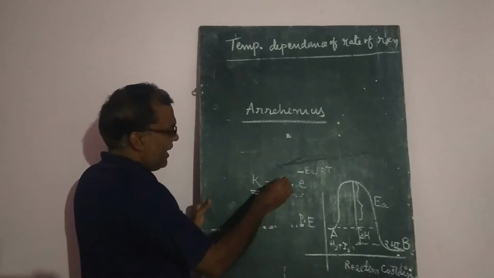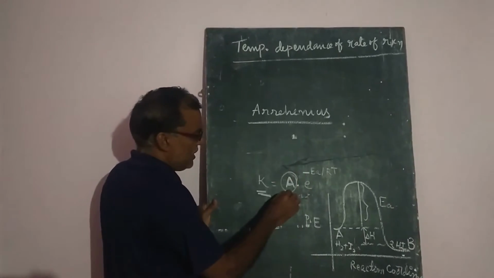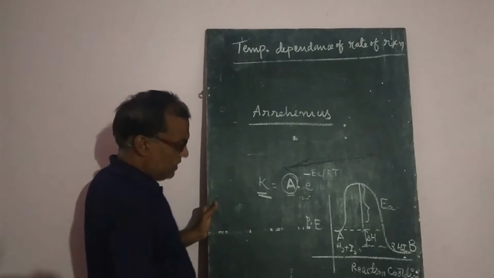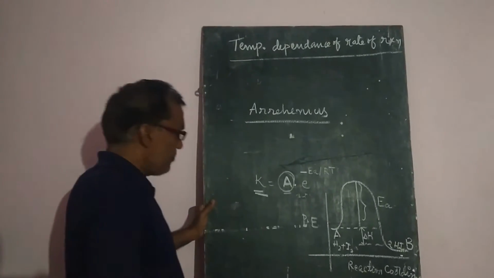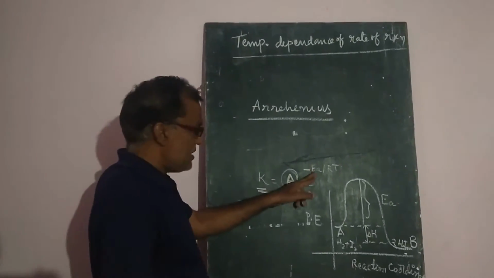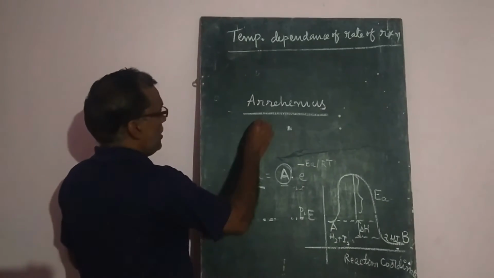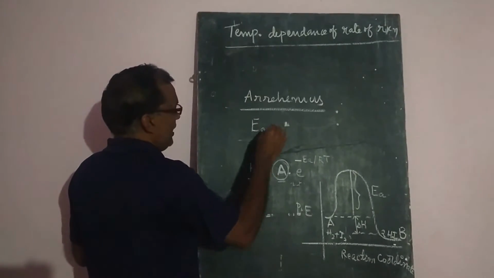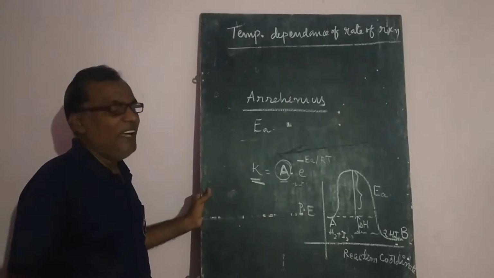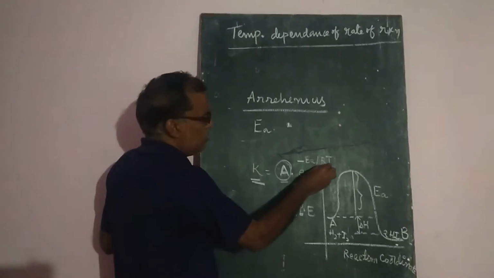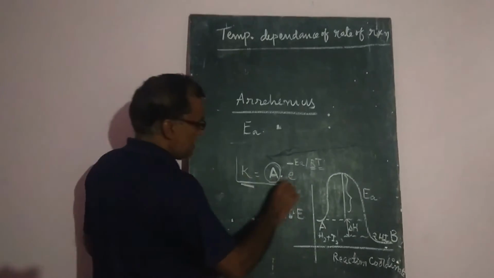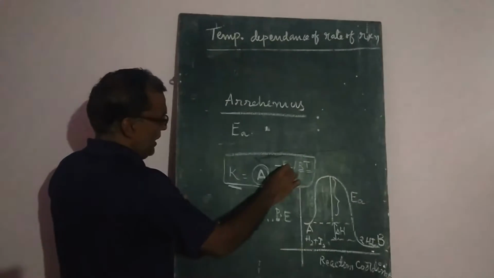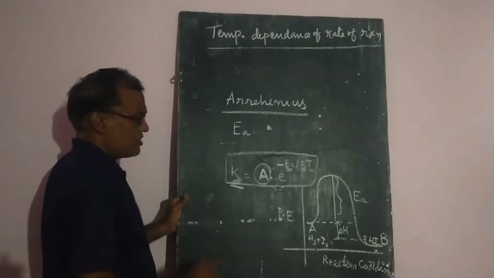Here A is called the Arrhenius constant or Arrhenius factor, also called the frequency factor. Ea is called the activation energy, and R is the gas constant at a particular temperature T. This is the relation he gave between the activation energy and the rate constant.